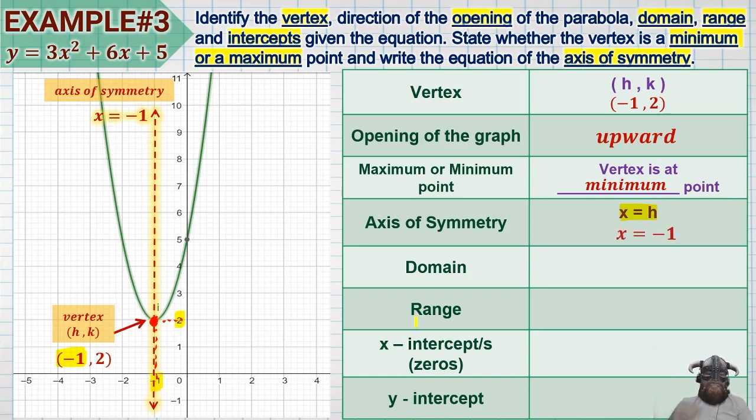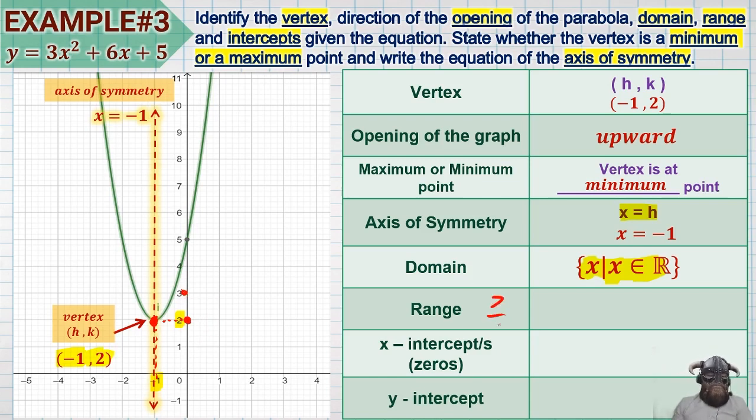So, lagay lang natin dyan sa table. Domain. Paulit-ulit lang tayo. All real numbers defined as x such that x is an element of real numbers. So, kokopyahin lang yan. Next, range naman. So, kung makikita nyo, from +2 dito sa point na to, tumaas siya ng 3, 4, 5, 6. So, pataas siya. So, is it less than or greater than?